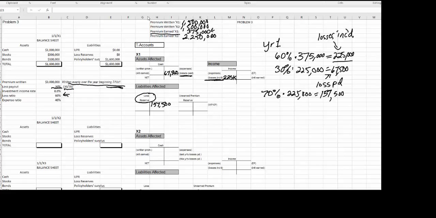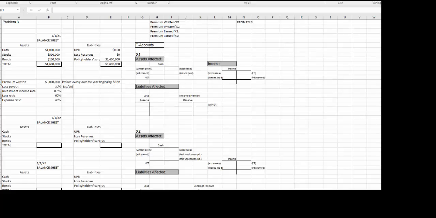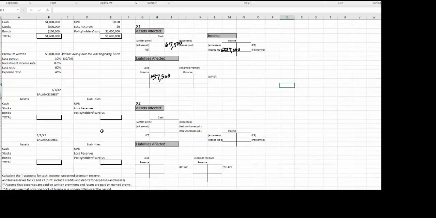Now in the next year, I'll go ahead and show you how to handle this, but you will have to figure out how to do the loss payout for the second year in the second year. But in the second year, we now have this 157.5 that we have to pay. So we simply pay it out of our cash account, 157.5 here. And our corresponding entry is a reduction in our loss reserve.